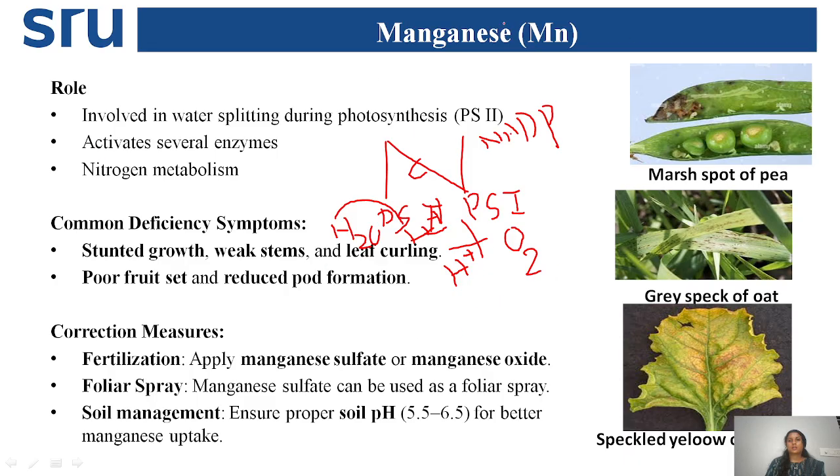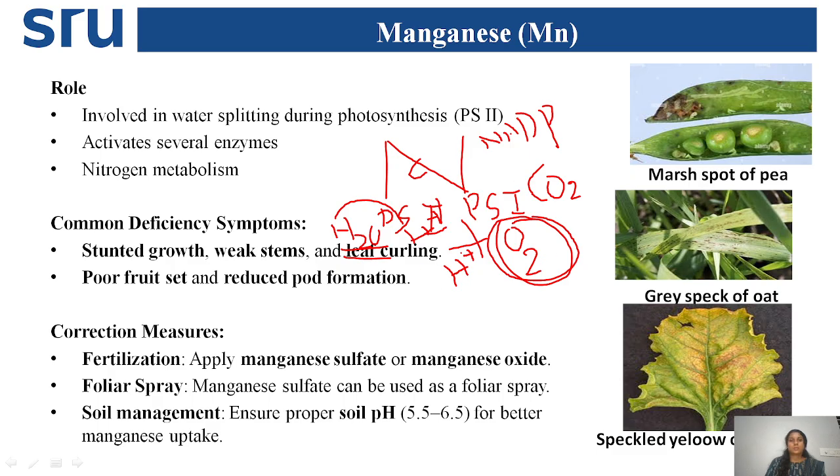Both manganese and chlorine are involved in water splitting during the electron transport chain. If anyone asks where the oxygen released during photosynthesis comes from, it is not coming from carbon dioxide, it is coming from water. Whatever oxygen we receive after photosynthesis is because of this water splitting, not because of carbon dioxide.